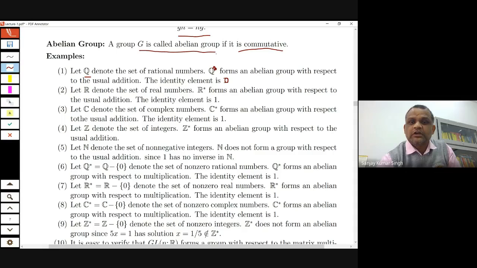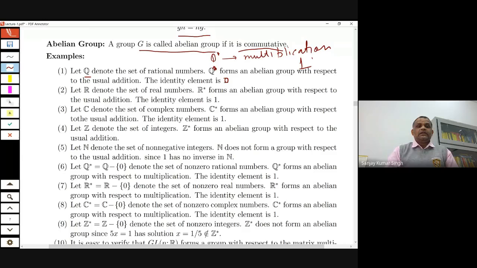And if you take Q star, then it forms a group under multiplication of two numbers, and the identity element is 1. Again, let R denote the real numbers, then R star forms an abelian group with respect to usual addition. I think some typos are there. Here I think I should write multiplication.